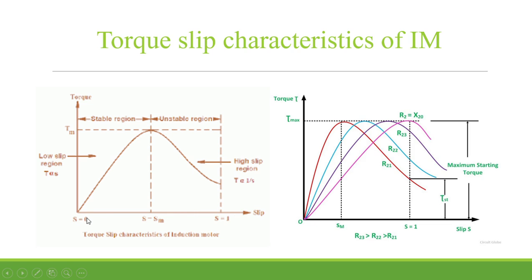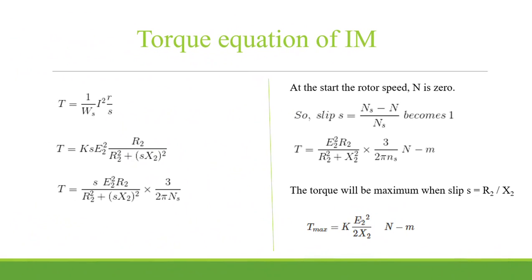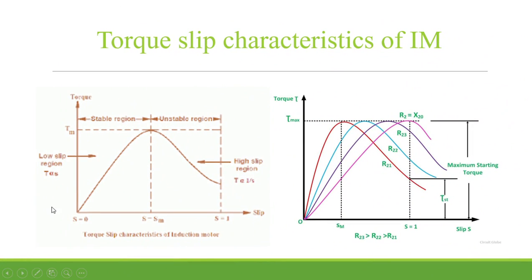When slip is 0, the rotor speed is equal to the synchronous speed. From this previous equation, if the rotor speed is equal to Ns, then the numerator of the slip will become 0, so slip will become 0.